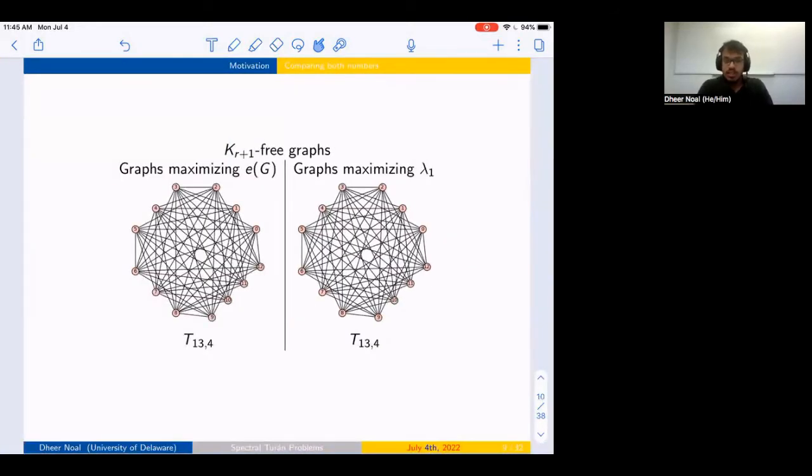Right, so now just a comparison of some of the results for a variety of forbidden graphs. We're just going to be looking at what the Turán graphs look like and what the spectral Turán graphs look like. When we're forbidding complete graphs, they're going to be the Turán graphs, as we saw.